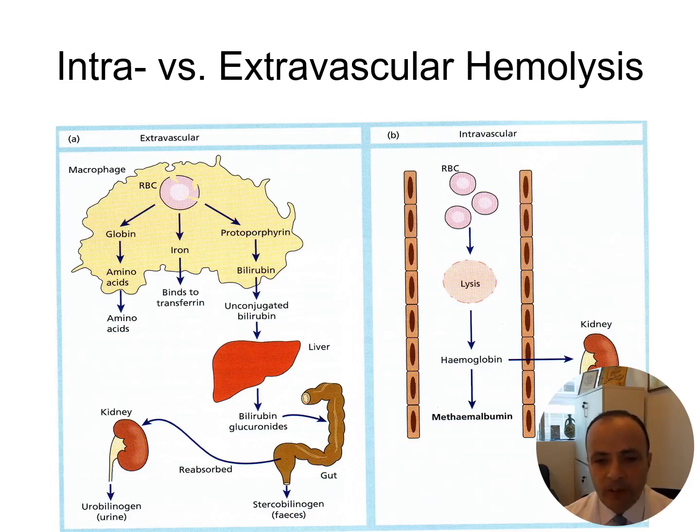And when these tubule cells are shed in the urine a few days later, you can detect that in the urine. This is what we call hemosiderinuria. So essentially, with intravascular hemolysis, you see free hemoglobin in the blood, hemoglobinemia, free hemoglobin in the urine, hemoglobinuria, and hemosiderin in the urine, called hemosiderinuria.